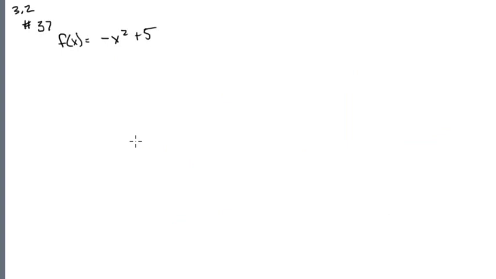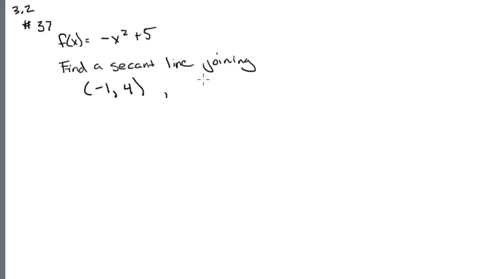And they tell us, find an equation for the secant line joining the points negative 1, comma 4 and 2, comma 1.